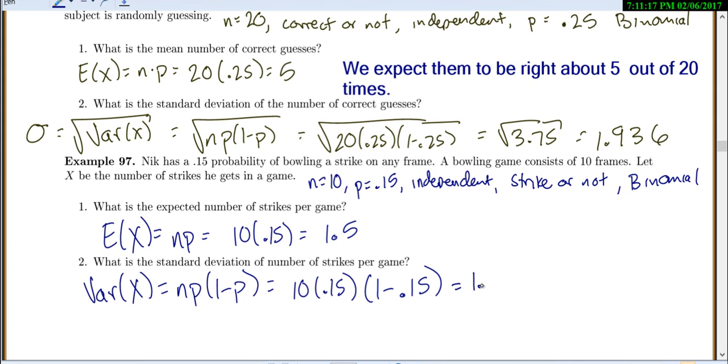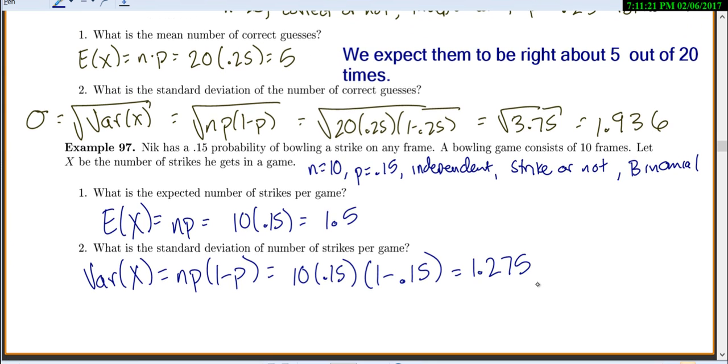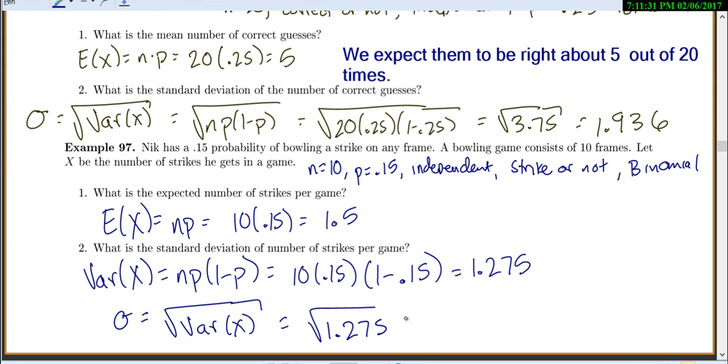So it's 1.275, but that's the variance. They said find the standard deviation. So the standard deviation is just the square root of variance. So the square root of 1.275 is 1.129.